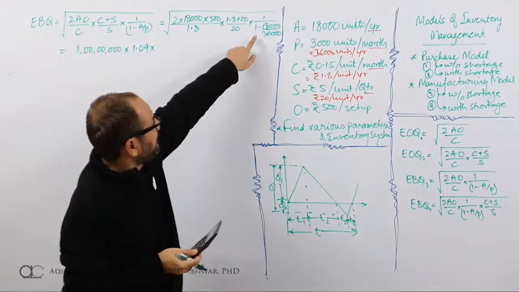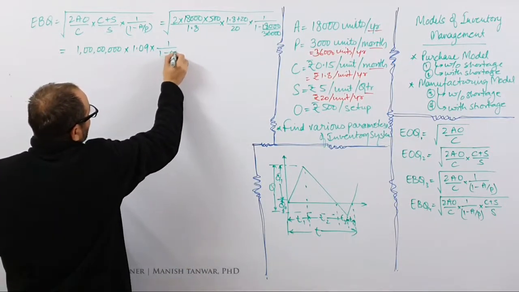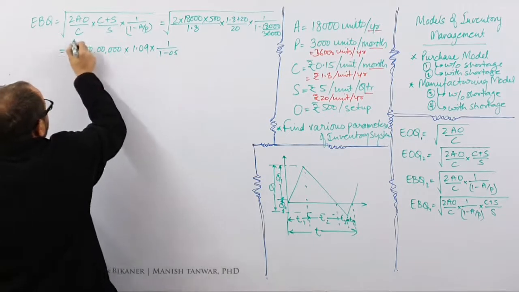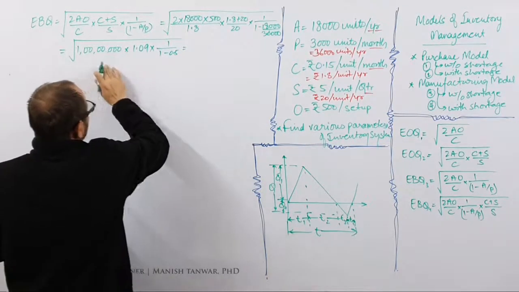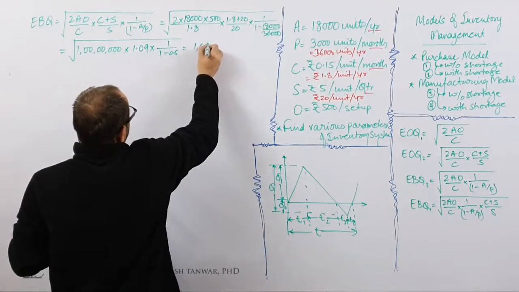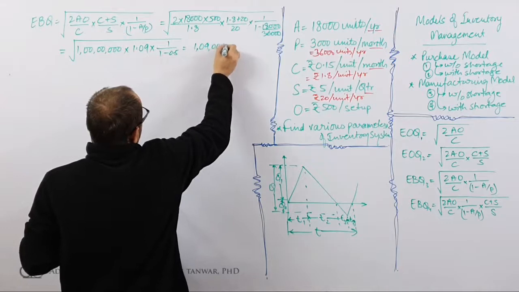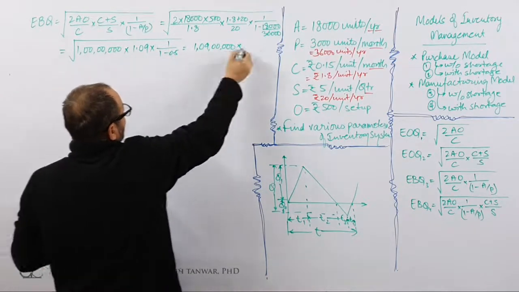Finally, we have this factor. This would be 1 upon 1 minus 0.5, making it 1 crore multiplied by 1.09. So it will become 109. This will be 0.5, so making it 2.